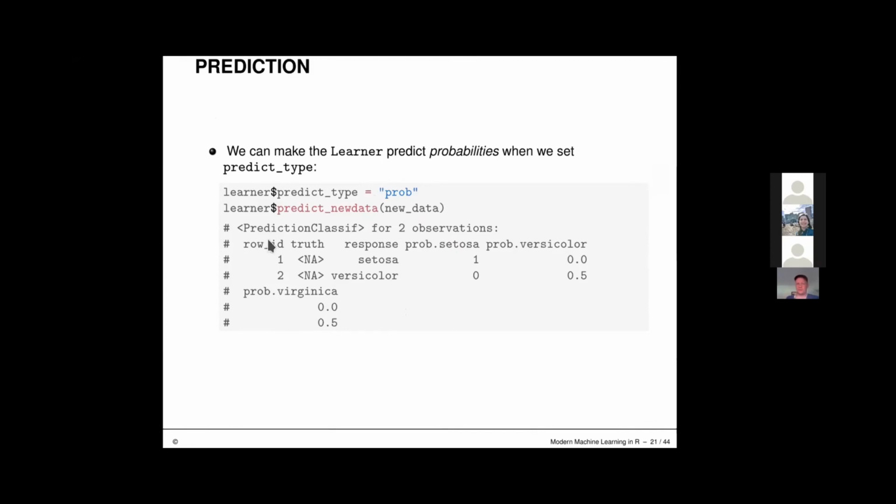So not only the row ID, the truth and the response, but also the probability for class Setosa, class Versicolor, and class Virginica. So for example, the decision tree is perfectly sure that the first row is Setosa, and doesn't know if it's Versicolor or Virginica. It's 50-50 for the second row. So yeah, it just sampled, I guess, the label here.